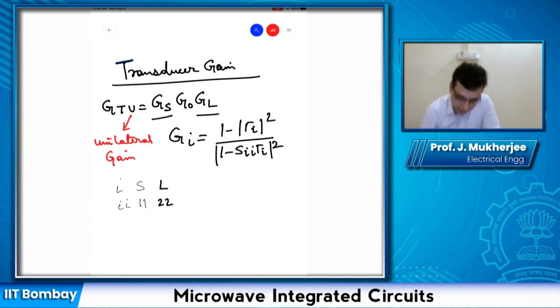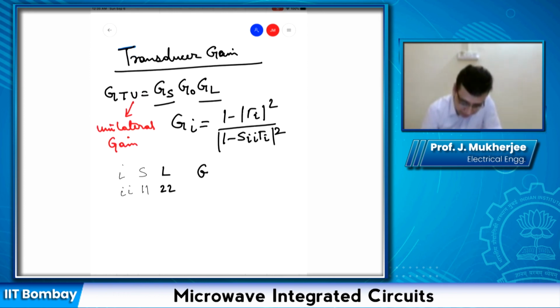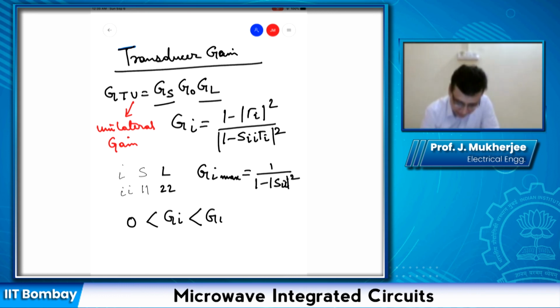And recall that we also had something called a maximum value of GS or GL. And I can write it like this. Any other value of the gain will lie between the two, so this GI will lie between 0 and GI max.